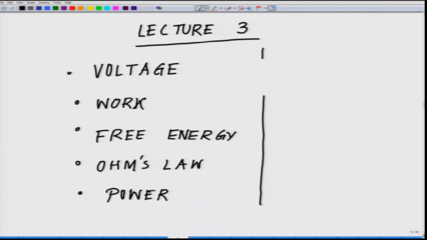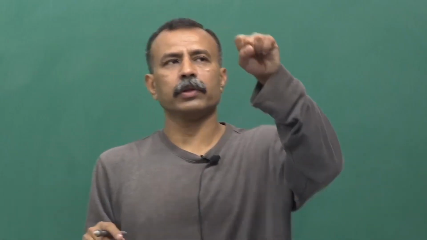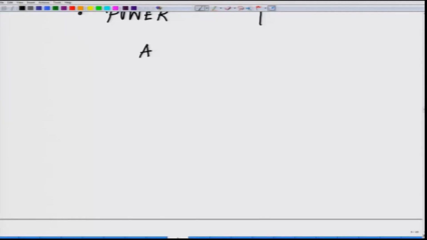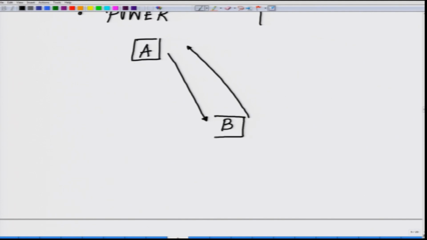Okay. So, to start off with voltage, what does voltage really mean? I have already given you an idea that voltage is basically, say for example, a charge has to flow from point A to point B. Whether this flow will be spontaneous or not, or whether it will need energy, depends on the potential difference between the 2 points.